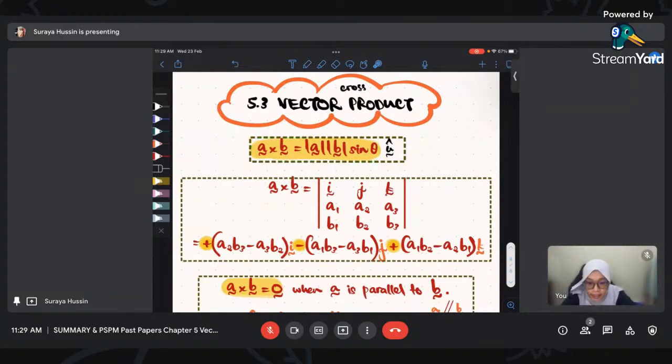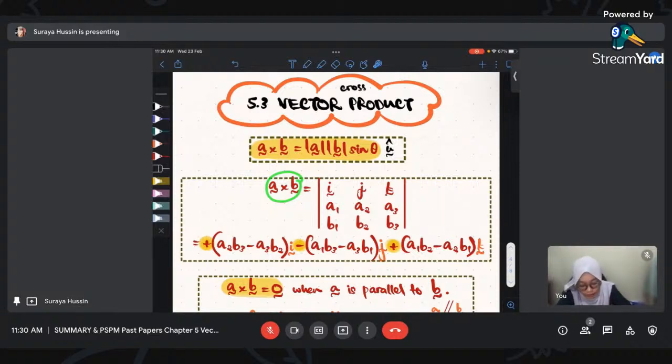Okay, yang saya highlightkan itu, it's important. So this time, vector product dia menggunakan sin theta. Okay, bukan lagi cos. Cos untuk dot product 5.2, subtopic 5.2. So cross product punya cara nak mengira adalah berbeza dari dot product.